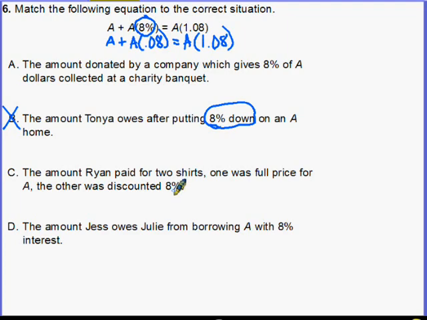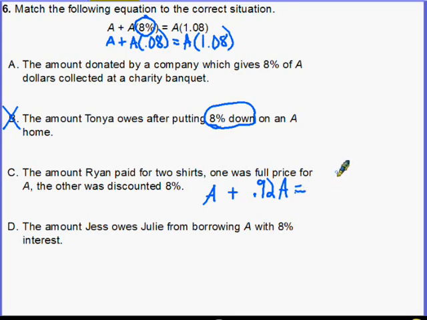Let's look at C. The amount Ryan paid for 2 shirts. One was full price for A, and the other was discounted 8%. Okay? Now think about this. If it was discounted 8%, then that means he had to pay full price for the first one, but then he had to pay 92% for the second one.